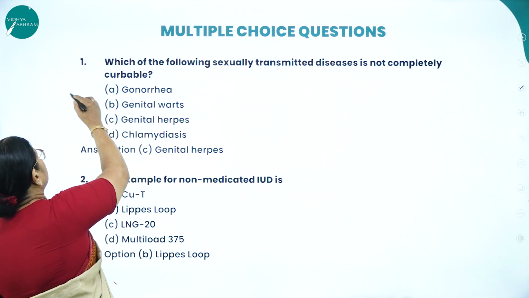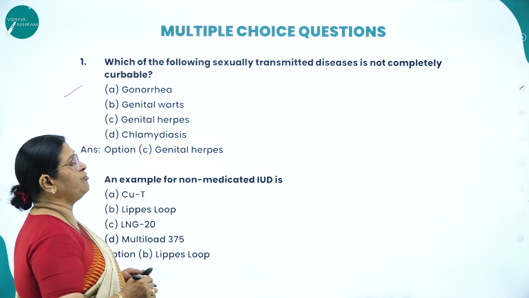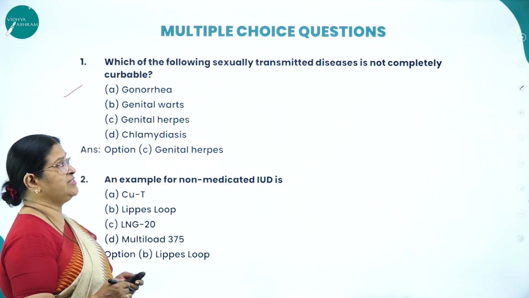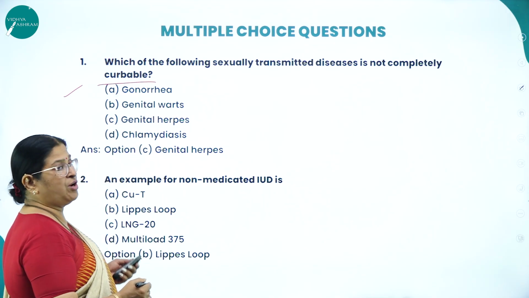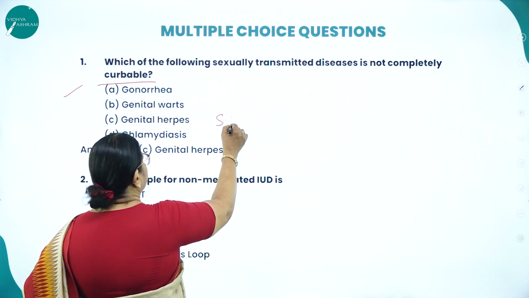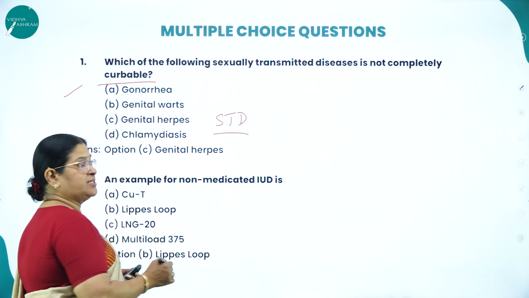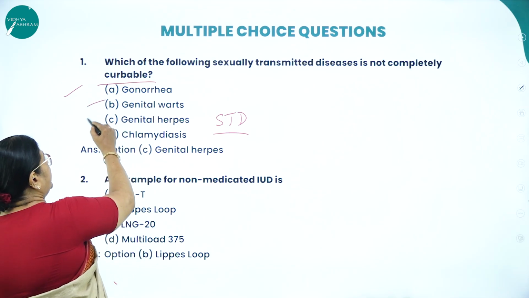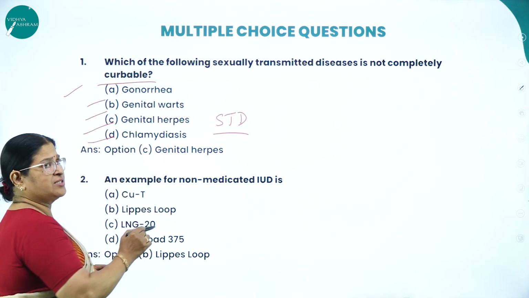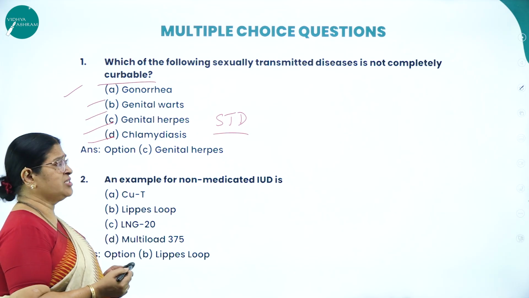Moving on to the first question: which of the following sexually transmitted diseases is not completely curable? As we all know, STDs means sexually transmitted diseases. What are all the sexually transmitted diseases? Gonorrhea, genital wart, genital herpes, and chlamydia. All these come under sexually transmitted diseases.